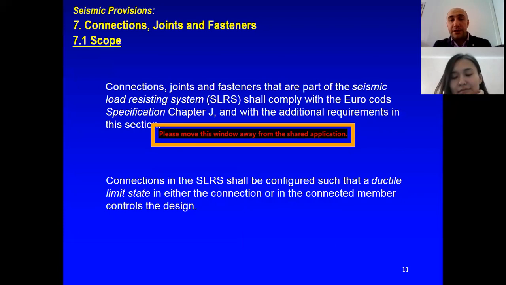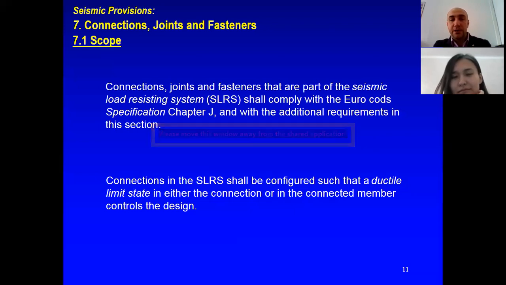In general, this will assure that yielding of adjoining elements will occur before non-ductile limit states occur in the connection.